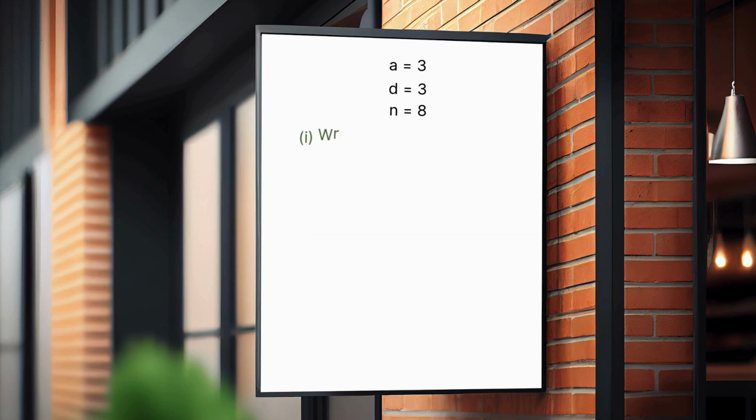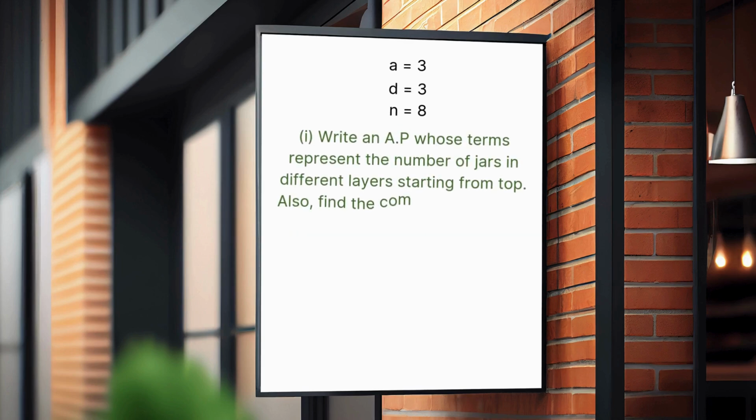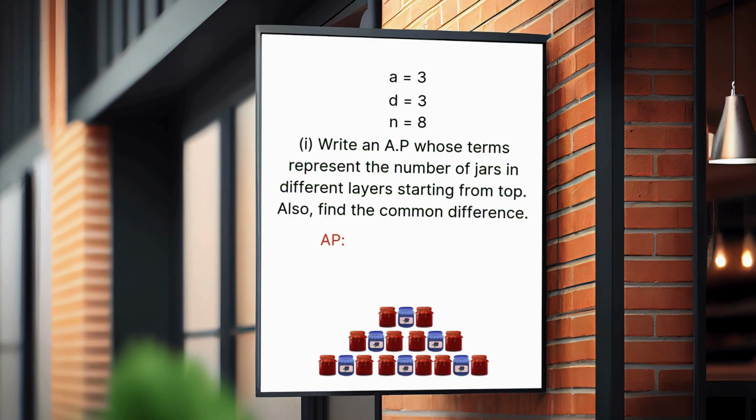Now, first, write an AP whose terms represent the number of jars in different layers starting from the top and also find the common difference. So the AP would be 3, 6, 9, 12, 15, 18, 21, 24. And the common difference, as we found out, is 3.